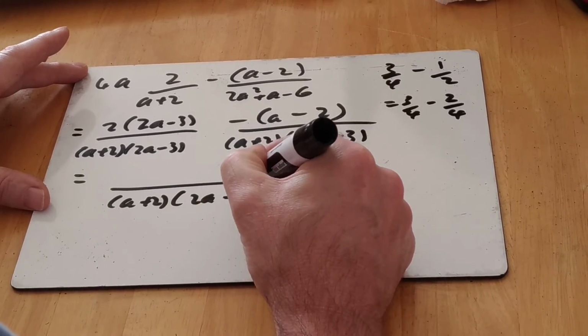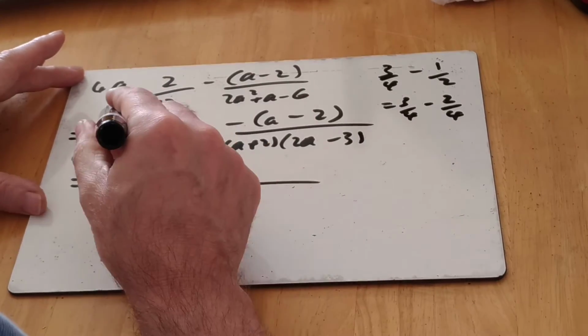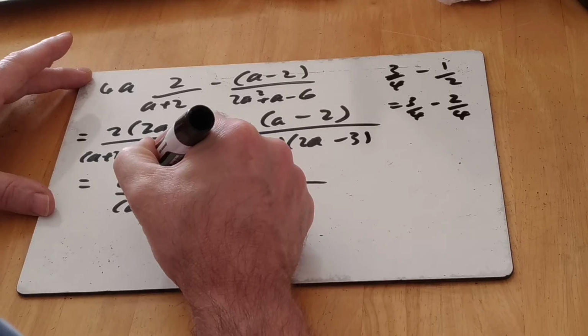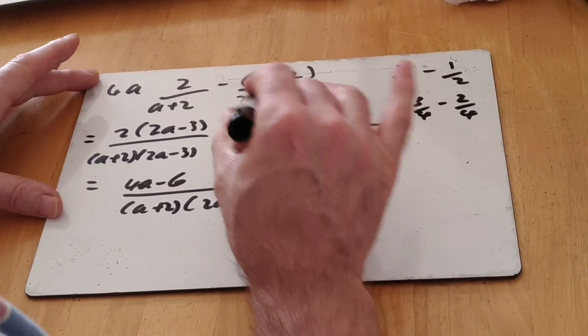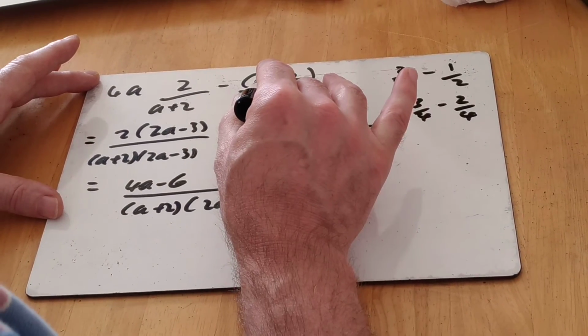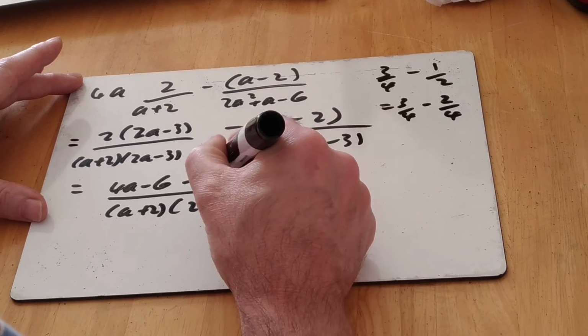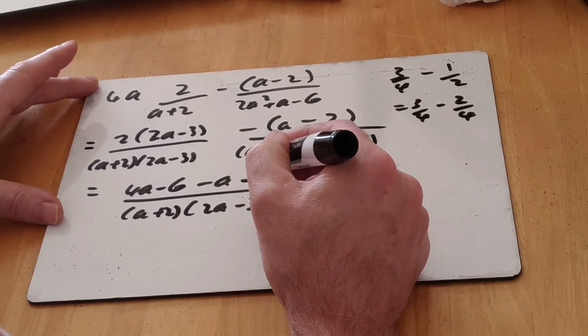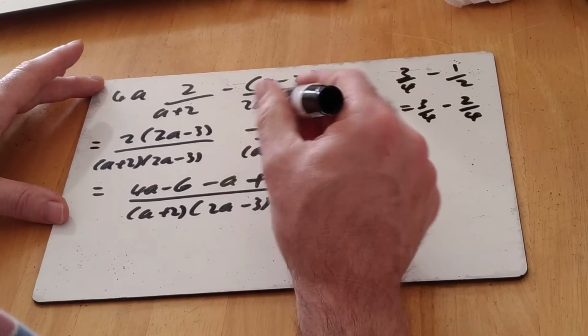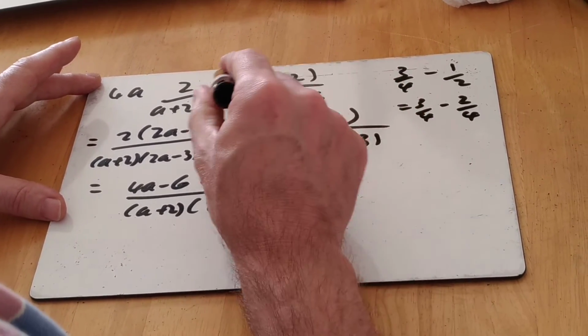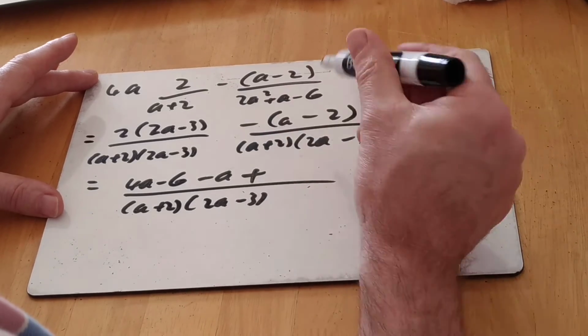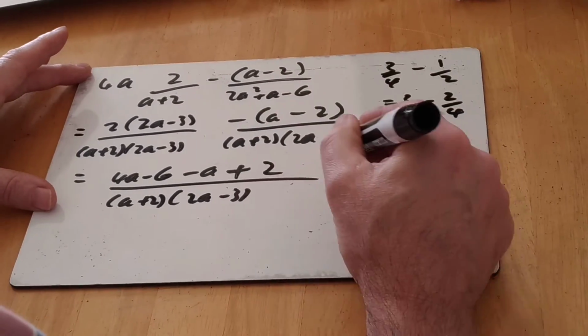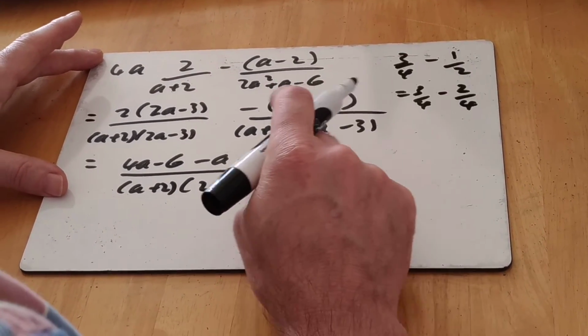So I've got the 2a minus 3 there, and then times it all out. So 2 times 2a minus 3, 4a minus 6, minus. Be aware of that. And that's why they put that in, to create that potential problem there. Okay? So a lot of people would write minus a minus 2, but we realise because of that bracketed expression, that hidden bracket, we end up with a plus 2 there, and that's where people's errors are going to come.